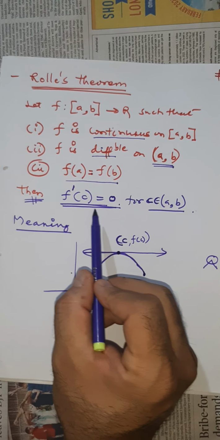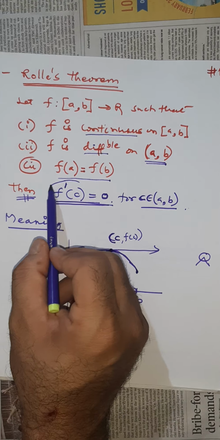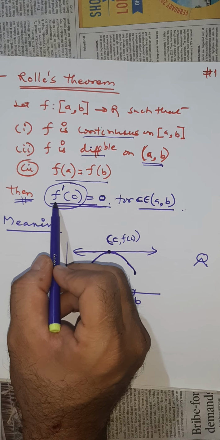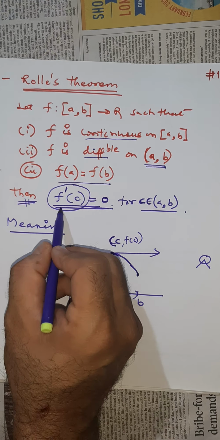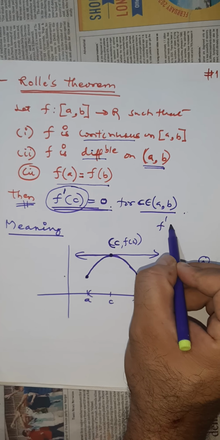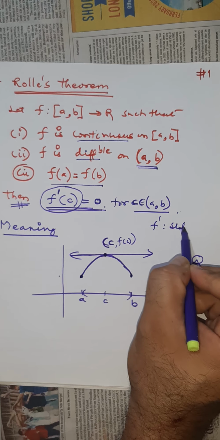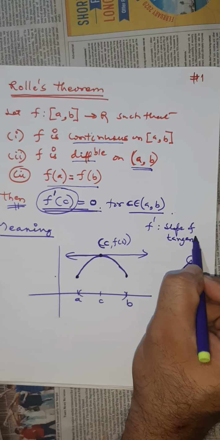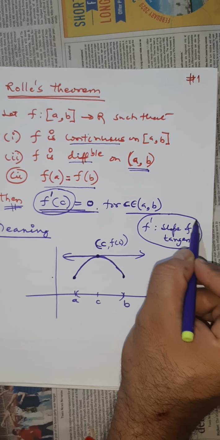Now if you remember, or you will learn later on, f dash, the derivative, represents the slope of the tangent.